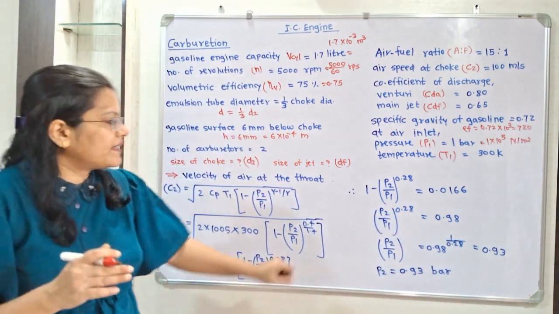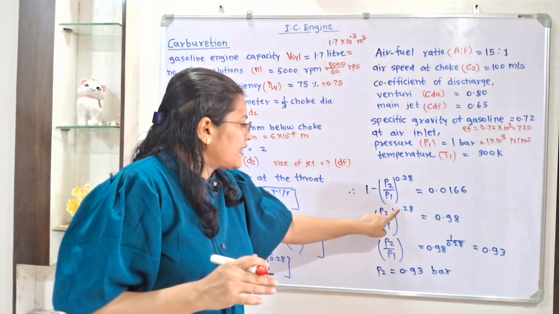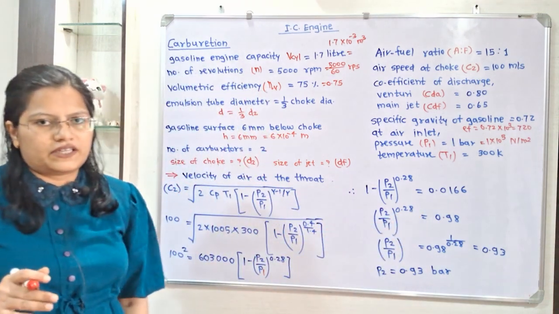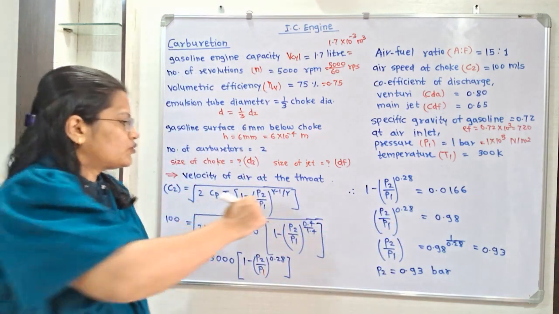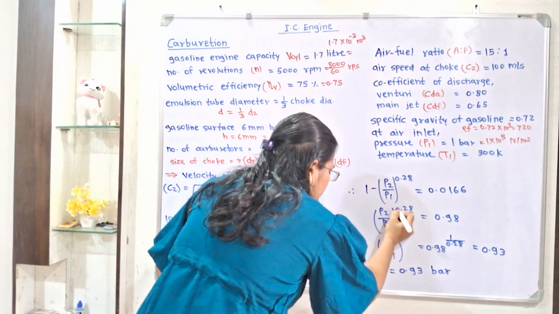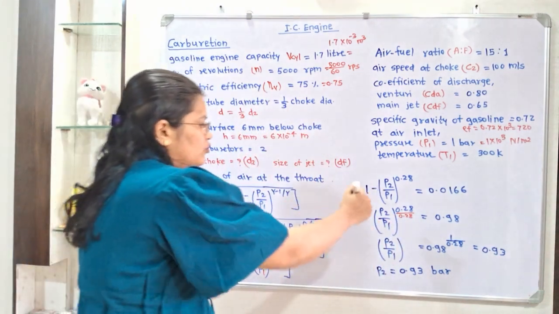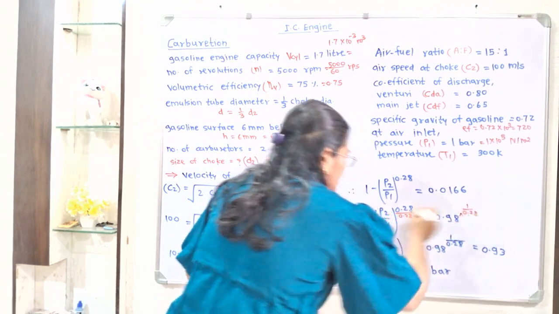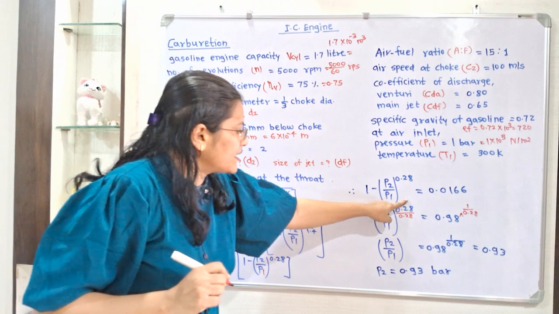So we will take the power 1 by 0.28 on both sides. So here, if I raise 0.28 to 1 by 0.28 on both sides, this gets cancelled.